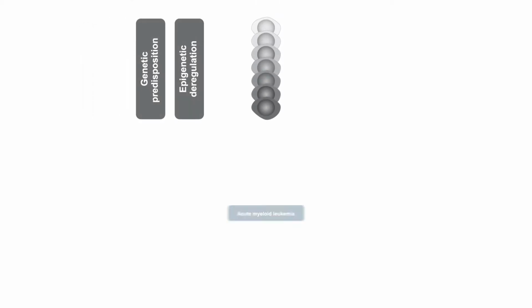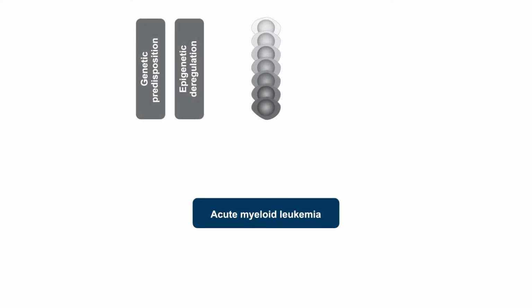P53 mutations can happen at various stages in the development of myeloid neoplasms, which in turn are quite heterogeneous diseases. And when we think of AML, we think of AML as arising from hematopoietic stem cells that might have received a genetic hit, including a hit with P53.